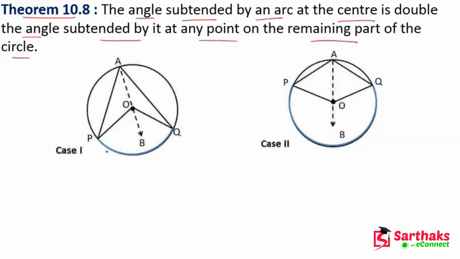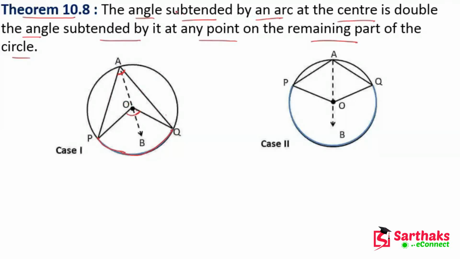So you can see here, let's suppose this is an arc PQ. The angle made by this arc at the center is angle POQ. This is twice the angle PAQ.